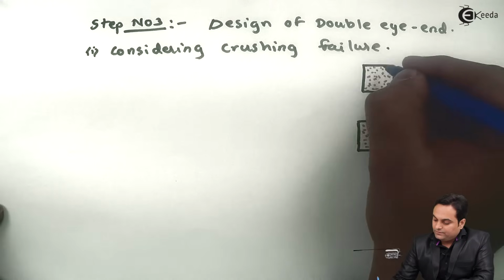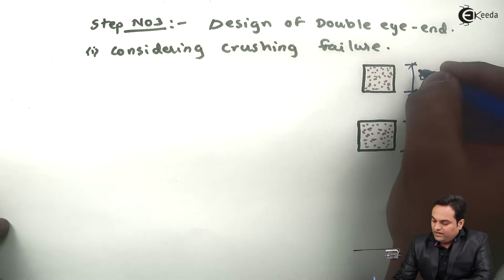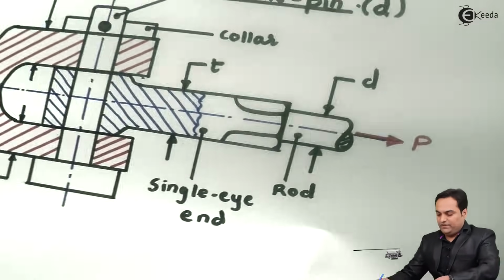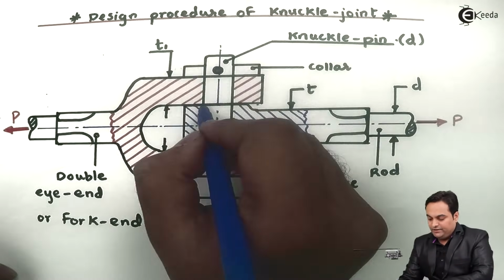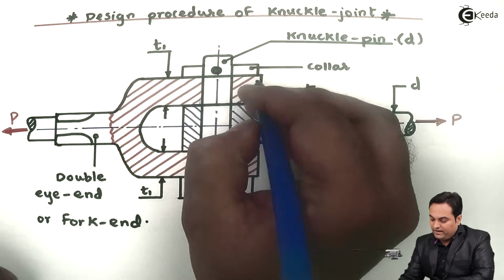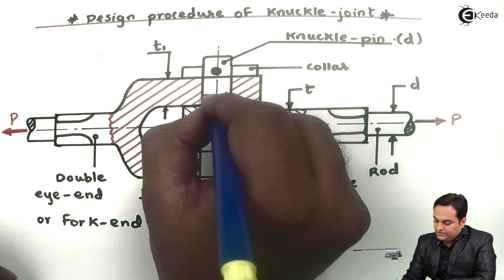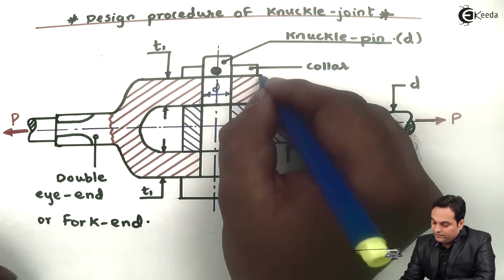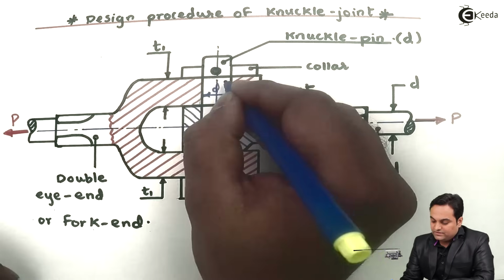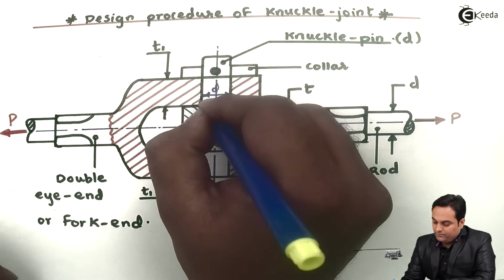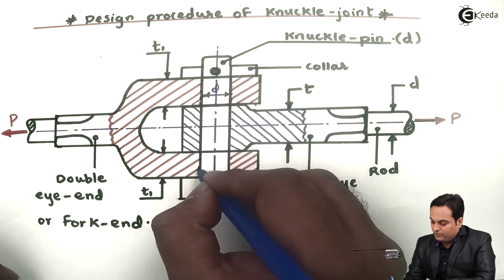Next, after getting this T1, d is the diameter. As we can see, for this double eye end, when it is crushing, it is in contact with the knuckle pin. So here I have the diameter of knuckle pin, that is equal to small d. So this d into T1, which is the thickness, is the crushing area, because it is in contact with this knuckle pin, so it will crush and form fine powders here.